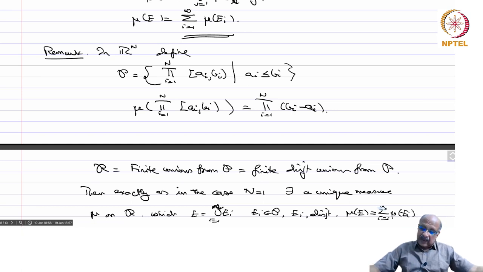Okay, so this is exactly the definition in Rn. So what we did in R1, we can also do in Rn.